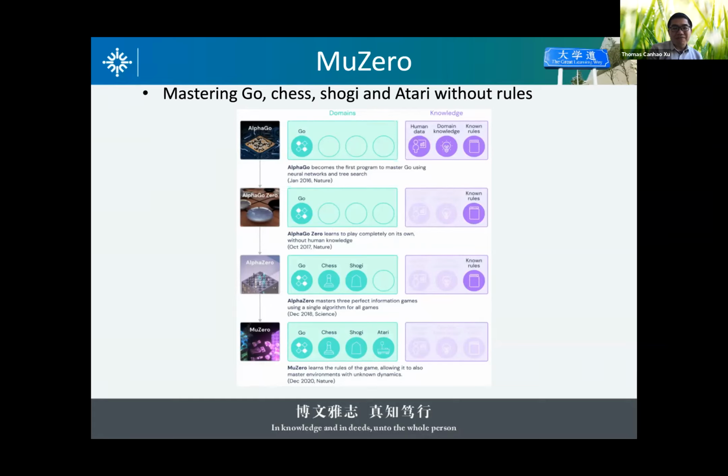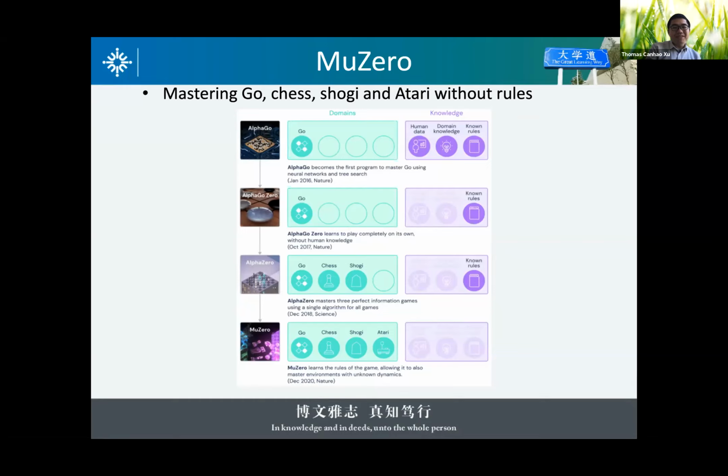Later on, AlphaZero didn't use human data and domain knowledge. And with AlphaZero, they can play not only Go, but also chess and shogi. The latest MuZero can even play console games without any rules input. So this seems to be very powerful already.